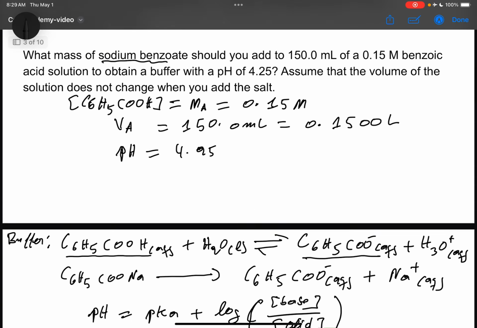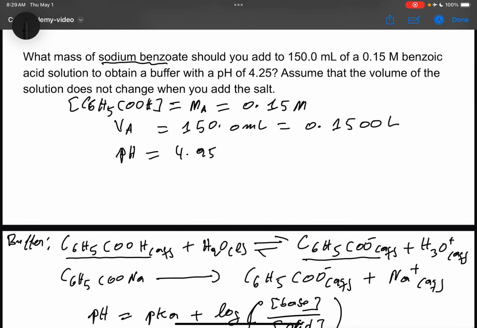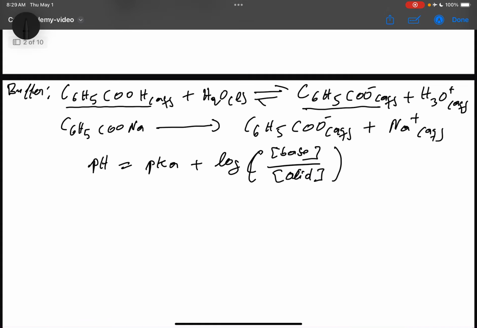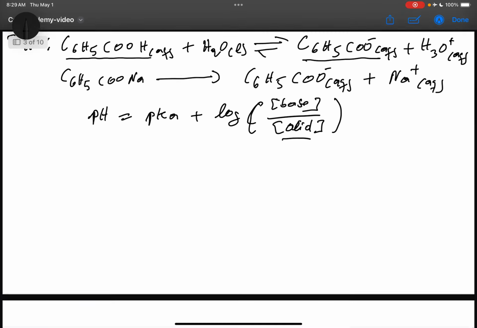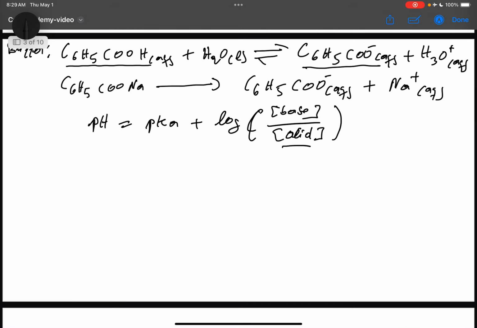Looking at the values that we are given, we have the concentration of the acid, the volume, and the pH. Looking at this Henderson equation, we have the pH and the acid, and we can easily calculate the base. To do so, we first calculate the pKa. We have Ka equal to 6.15 times 10 to the power minus 5.